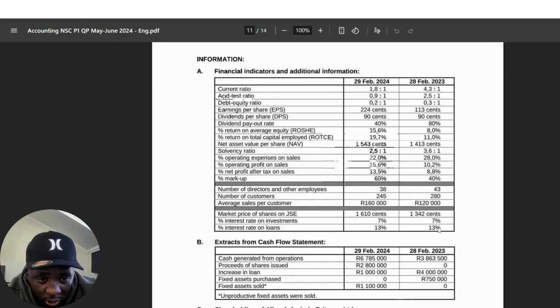So the interest rate on the loans is 13%, and it is 13% in the current year. And you can see that in the previous year, the business was generating 11% from capital employed, but it was paying 13% in terms of interest. But now in this case, there's a positive amount generated because there's an interest rate of 13% and a return on capital employed of 19.7%.